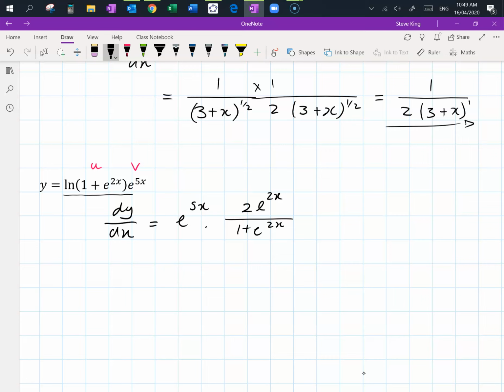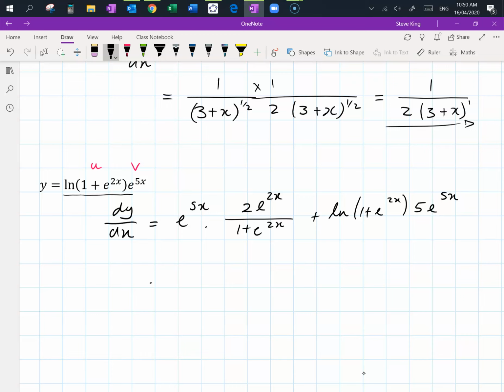That's the derivative of a log. And then we need to add on the next part, which is going to be u. So it's ln of 1 plus e to the 2x multiplied by the derivative of v, and that's simply going to be 5e to the 5x.